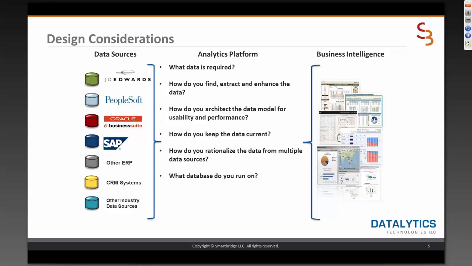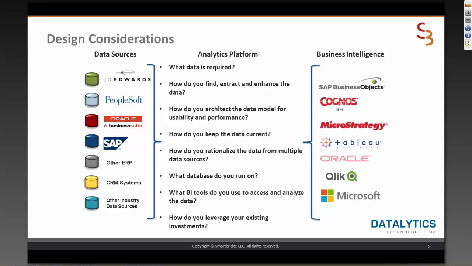Do I run it on a traditional relational database such as Oracle or SQL Server, or am I going to an in-memory platform that's really optimized for speed because I have a lot of data? What BI tools do I use? Do we have one in place? And last but not least, how do you leverage the existing investments you've already made within your organization without having to recreate the wheel?